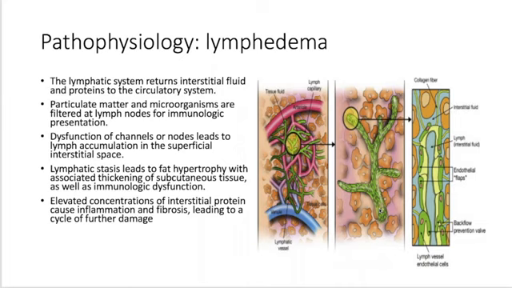So we're basically altering your oncotic pressure and it filters out. We have lymphatic stasis and fat hypertrophy with associated thickening of the subcutaneous tissue, as well as continued immunologic dysfunction related to non-functioning lymph tissue. Extra interstitial proteins cause inflammation and fibrosis, leading to a cycle of further damage.